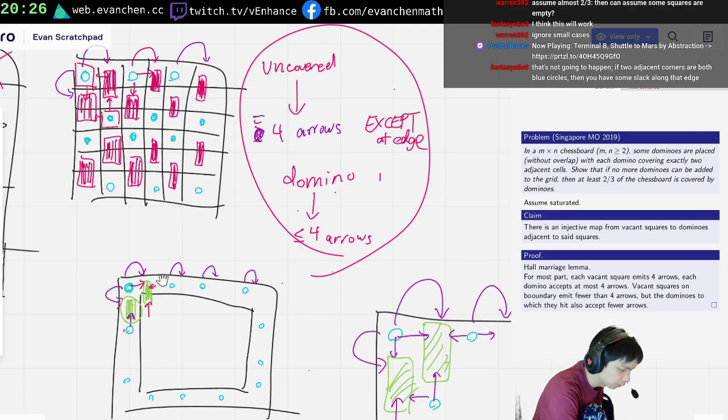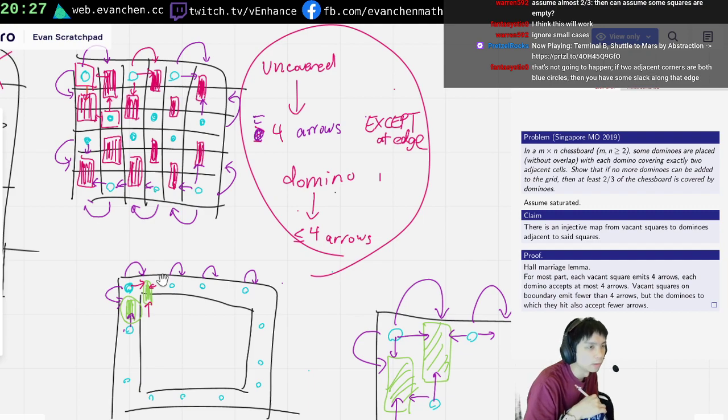So this is an actual equality case. And amazingly, there's actually exactly 4. That's not going to happen. If 2 adjacent corners are both unoccupied, then you have some slack along that edge. I have slack? I thought it was the other way around. I thought I was in trouble.